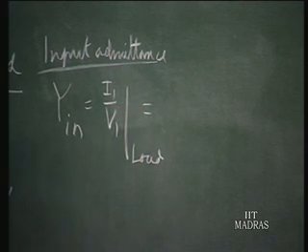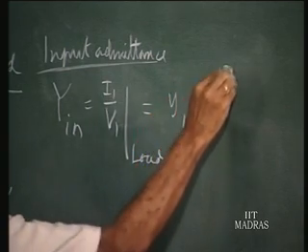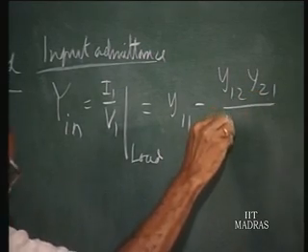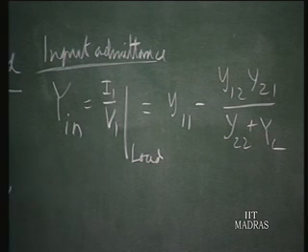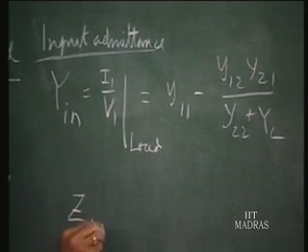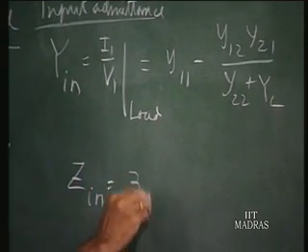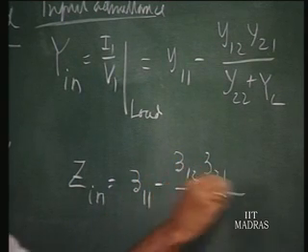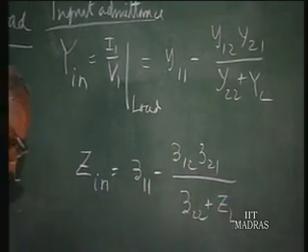This can be written as Y11 minus Y12 Y21 over Y22 plus YL. It can be shown like this. Similarly, the input impedance, which is of course the reciprocal of that, but you can independently write this as Z11 minus Z12 Z21 over Z22 plus ZL.